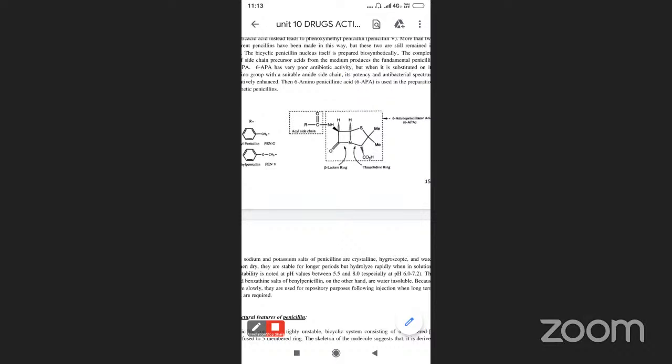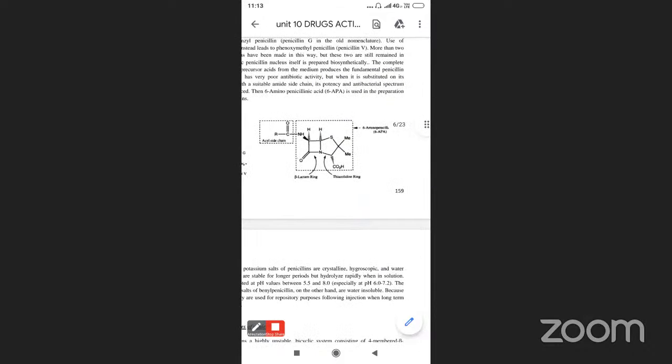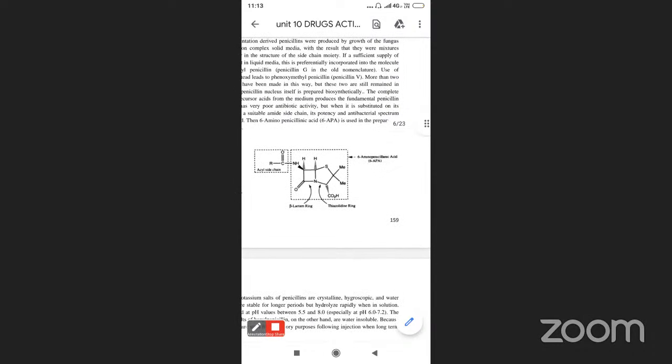So it is a bicyclic structure, and this bicyclic structure is called 6 amino penicillanic acid, because it has the acid group here, away from the plane.